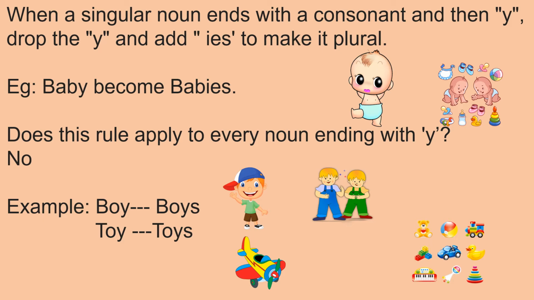When a singular noun ends in a consonant and then y, drop the y and add ies to make it a plural noun. Baby becomes babies. B-A-B-Y. Remove the y and add ies. Does this rule apply to every noun ending with y?